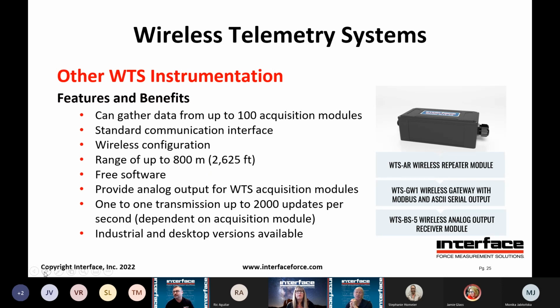So if you have devices like PLCs that require that, you can have a wireless signal transmitted from the sensor. The analog output module will receive that value and output the correct voltage or milliamp output that'll help operate that PLC. And of course, industrial and desktop versions of some of these products are available as well.